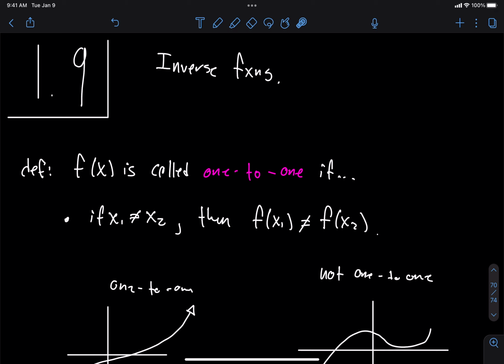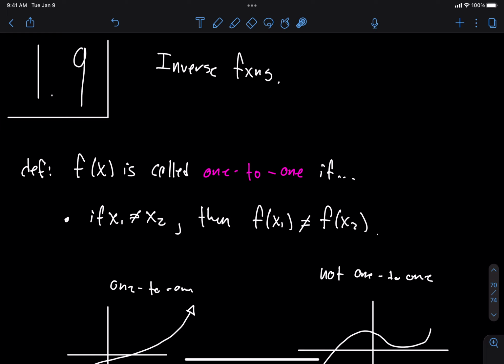Okay, let's talk about inverse functions. Inverse functions are really just about undoing. Any process that we can do, a lot of the time we can undo.